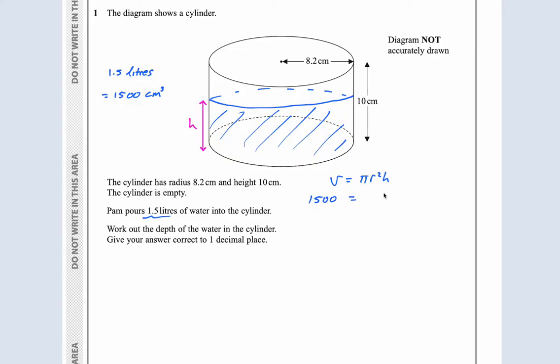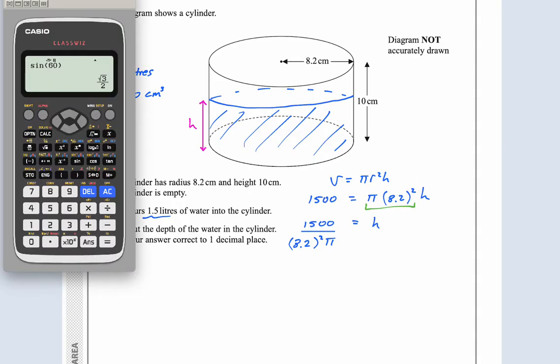So 1,500 equals pi times r squared, which is 8.2 squared, times h. So h is just going to be 1,500 divided by 8.2 squared times pi. I'm dividing by all of that to give me h on its own.